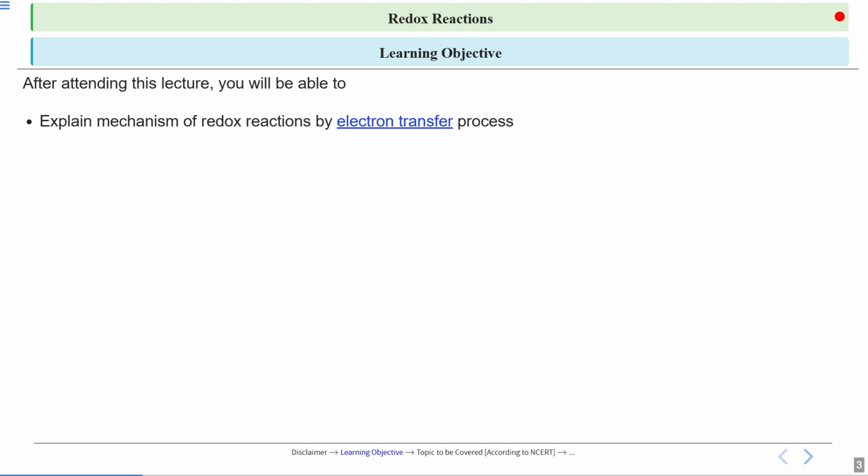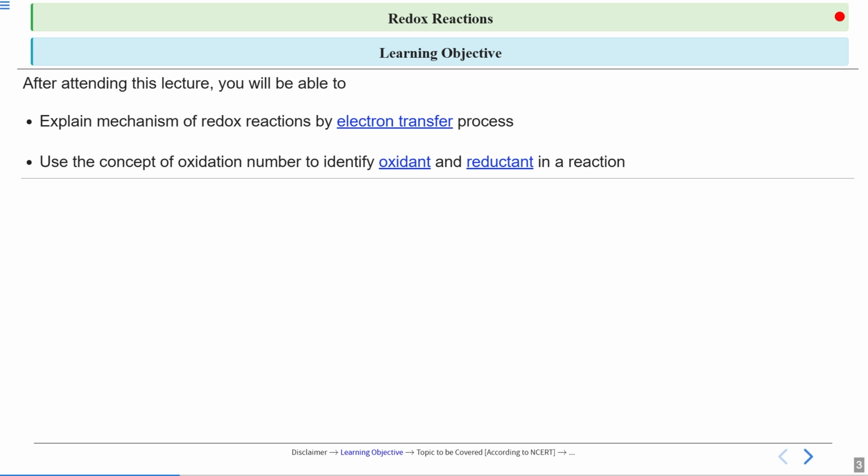This means that we will be studying the electron transfer in a chemical reaction in a detailed manner: how the electrons are being lost or gained by the chemical species, and how this leads to the redox reactions.